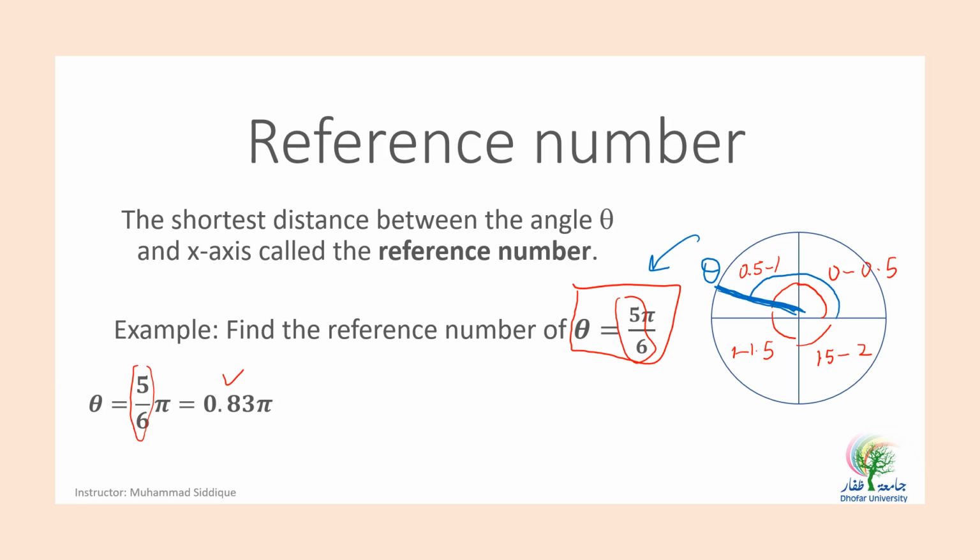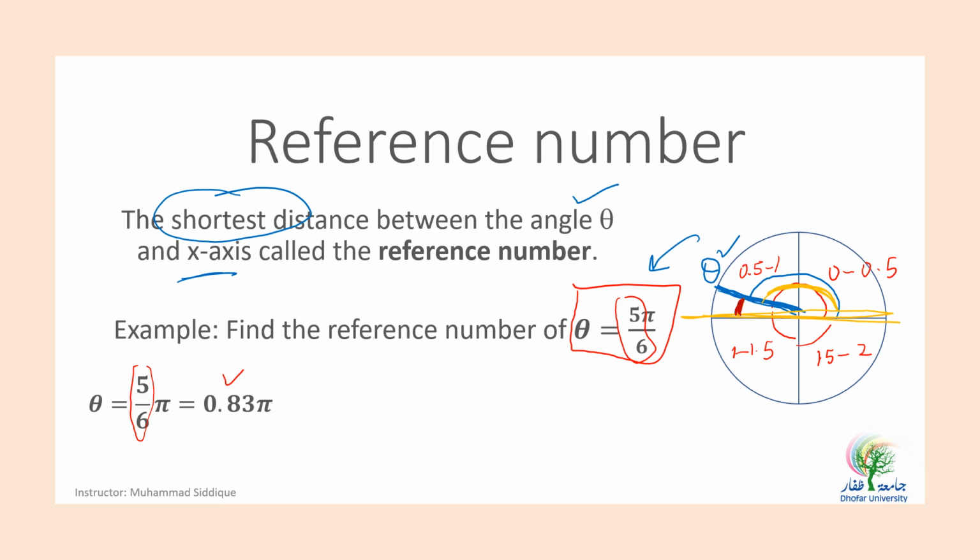Now, as we see in the definition, the shortest distance between the angle and the x-axis. So the angle is this one, and this is the x-axis. There are two distances, one is this and one is this. Which one is shortest? Everyone knows that this is the shortest distance.